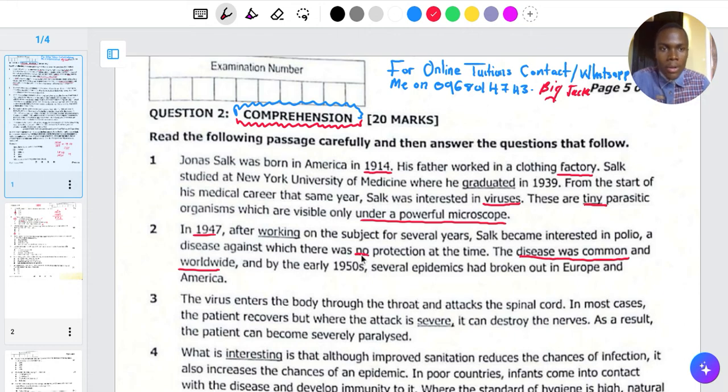If there was no protection, meaning there was no cure. If there was no cure, meaning someone is going to be interested in working on that so that he or she finds the cure. So Jonas Salk was interested in working on polio because he knew that the same disease had no cure. So he wanted to come up with a cure.